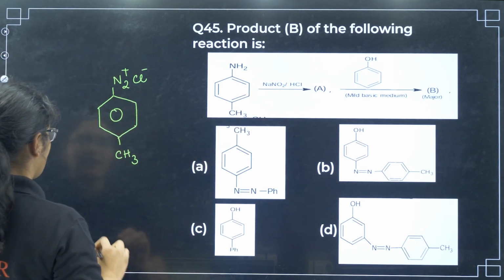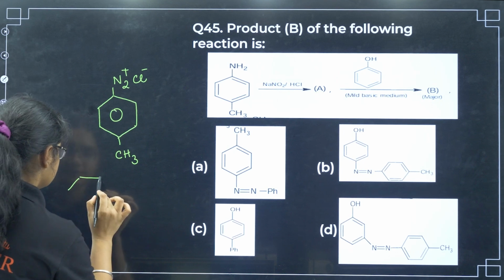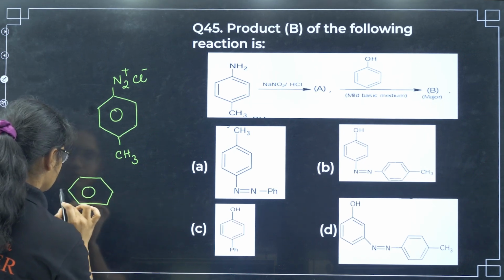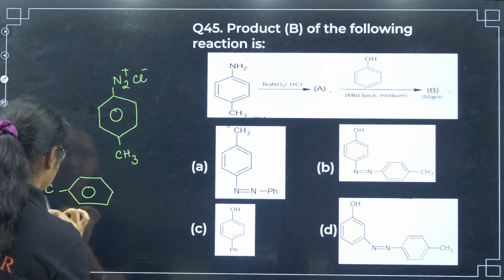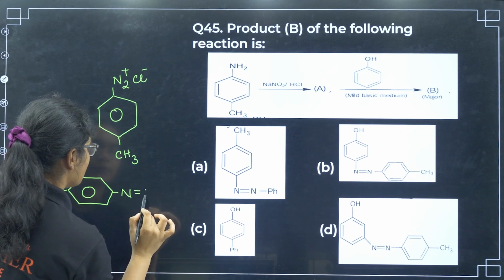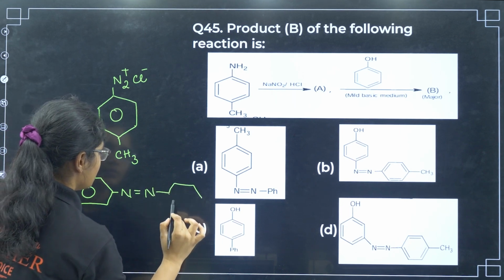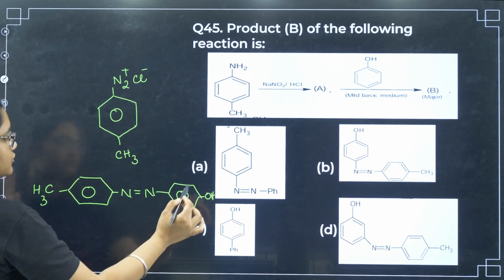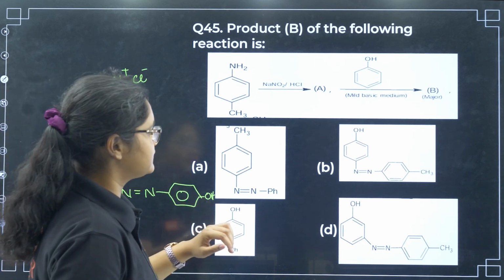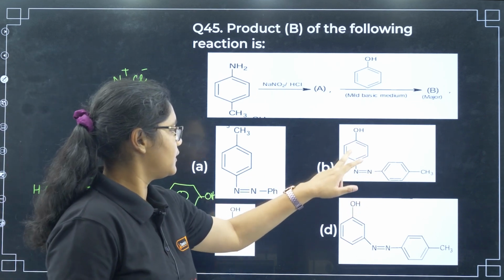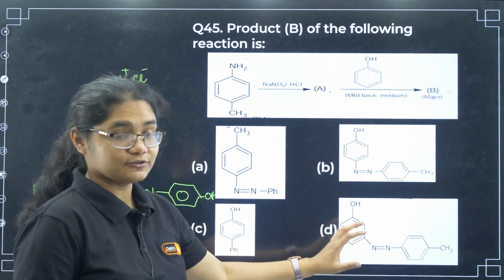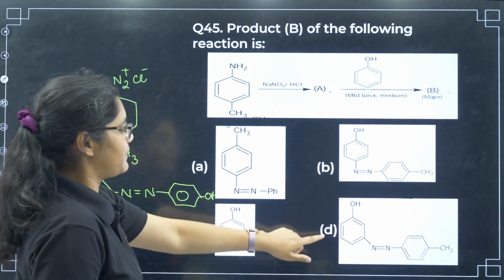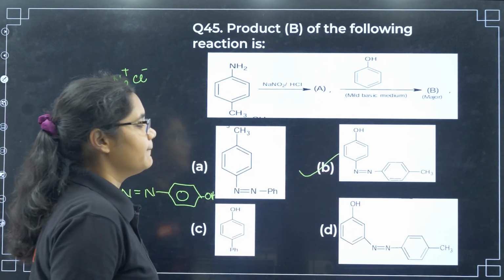We will have the OH group like this, and you have CH3, N double bond N and OH. So we get it like this. Here the meta position will not be there because we will have it at the para position. So option number B.